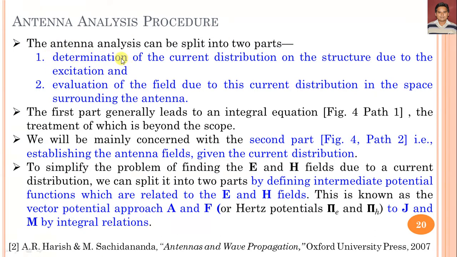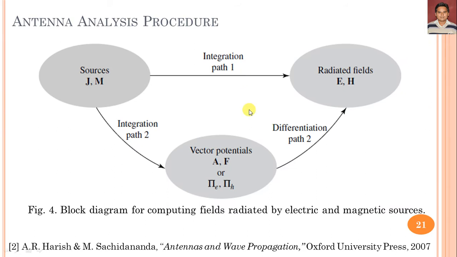The first part generally has an integral form or integral equation, which we have represented in figure 4. Here you can see the sources through which the current is generated, and through which we can calculate the radiated electric E and H fields through the integration path 1.